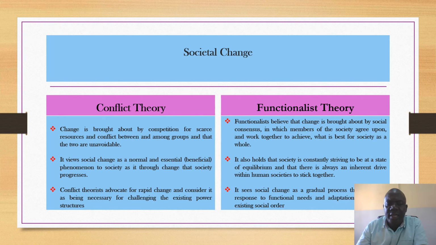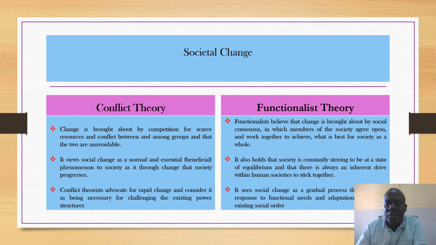The other point of departure between the two sets of theories is with regard to social change. While both agree that there's need for society to change from one status to another over time, the method or the driver or the approaches to that change is quite different based on the various perspectives of the two. For conflict theory, they prefer rapid change, and change that is almost revolutionary in nature.